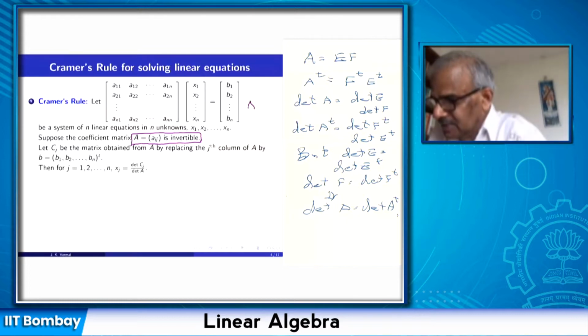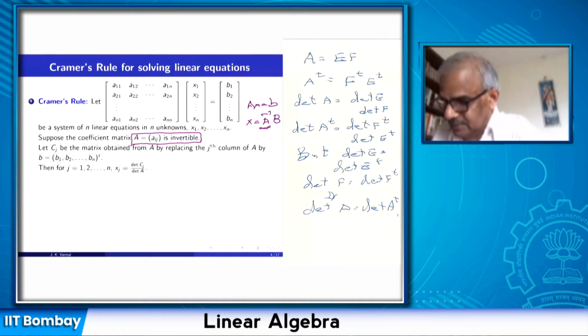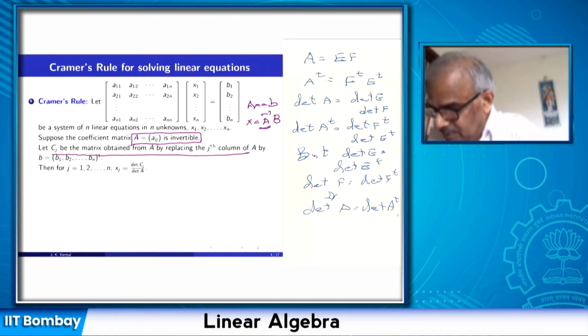So Ax equal to b, and A is invertible, then x is equal to A inverse b. And we know how to calculate A inverse by Gauss elimination method or the formula using cofactors. So let Cj be the matrix obtained from A by replacing the jth column of A by b.